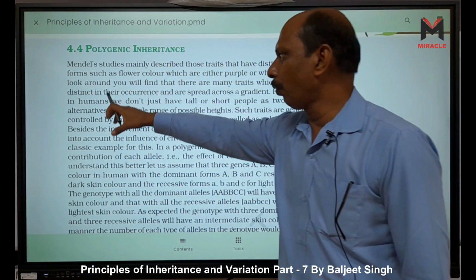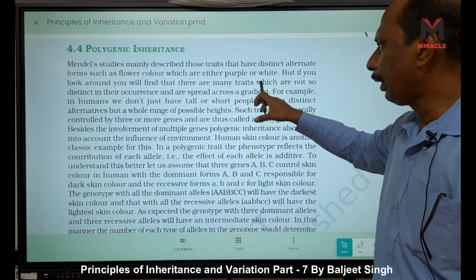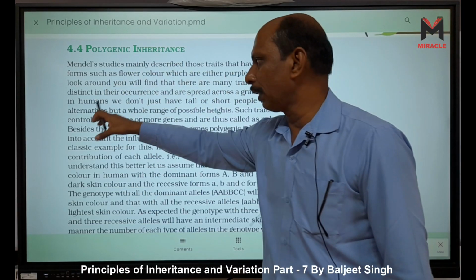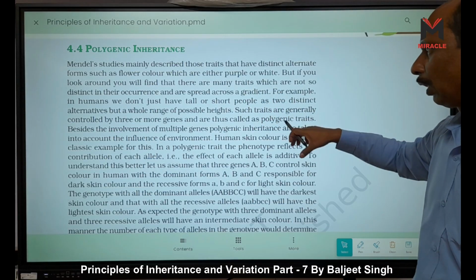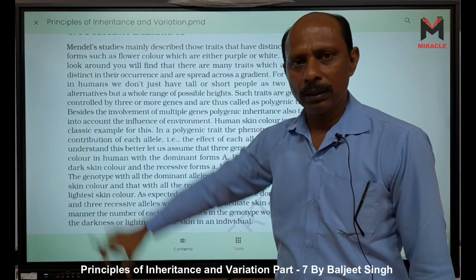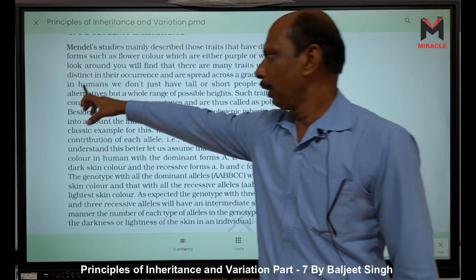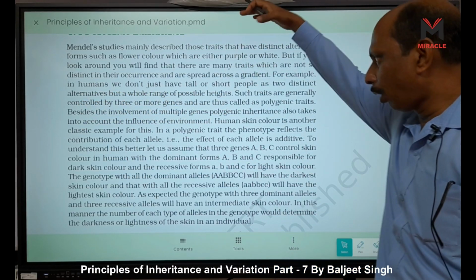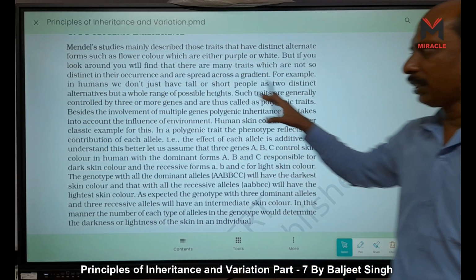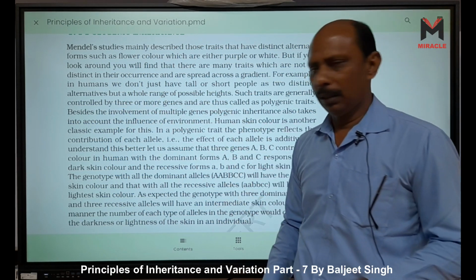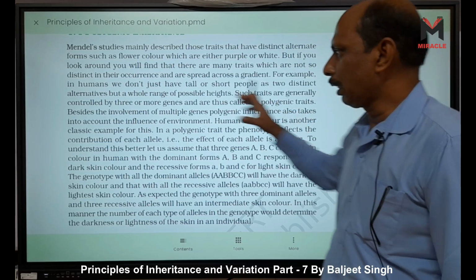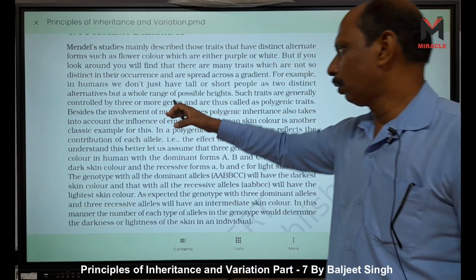But if you look around, you will find that there are many traits which are not so distinct in their occurrence and are spread across a gradient. For example, in humans, we don't just have tall or short people as two distinct alternatives, but a whole range of possible heights, right?